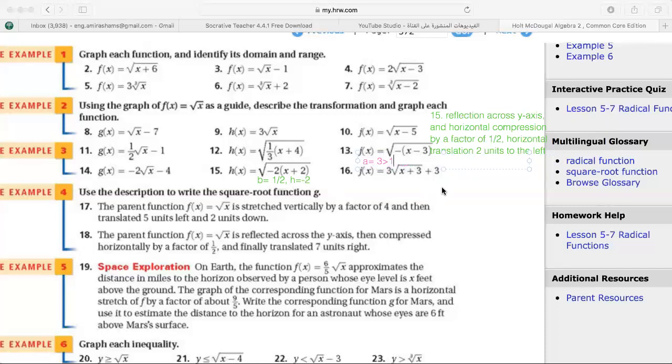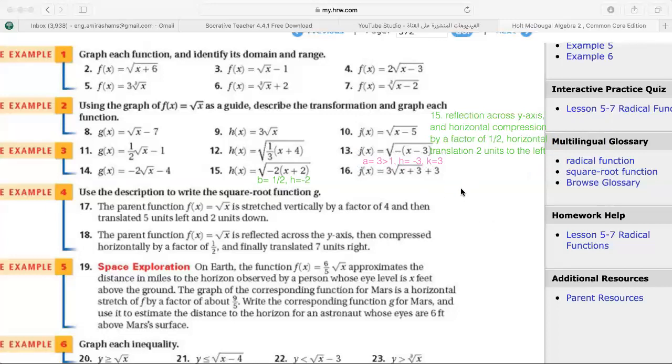Vertical stretch. Okay, x plus 3, so it is horizontal translation. H here is equal to opposite of the sign, which is negative 3. And I have all plus 3, so it is vertical translation, so k is equal to 3.